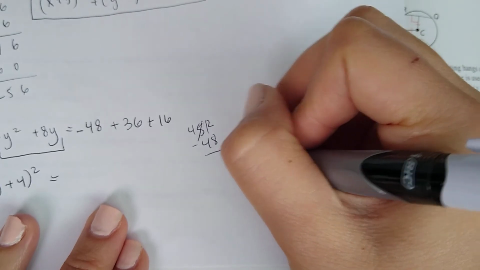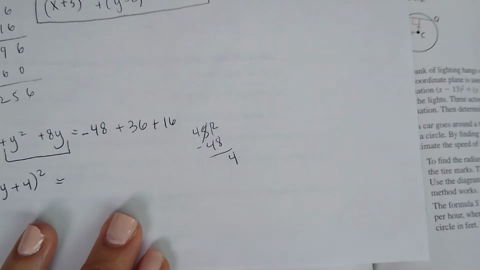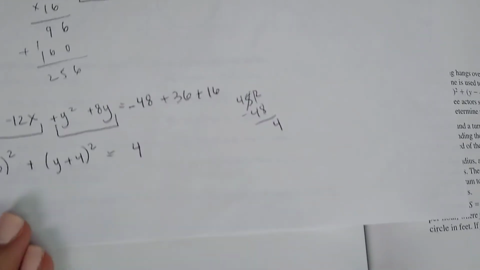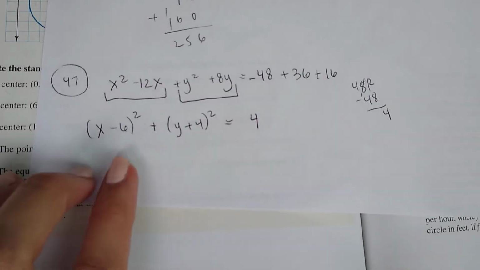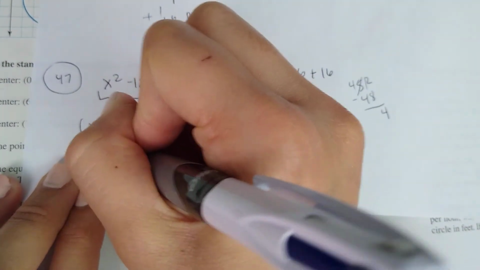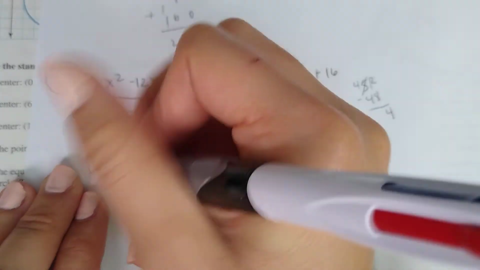This is 12, this is 4, and that's it. So then my center is 6, negative 4. And then my radius is just the square root of that, which is 2.